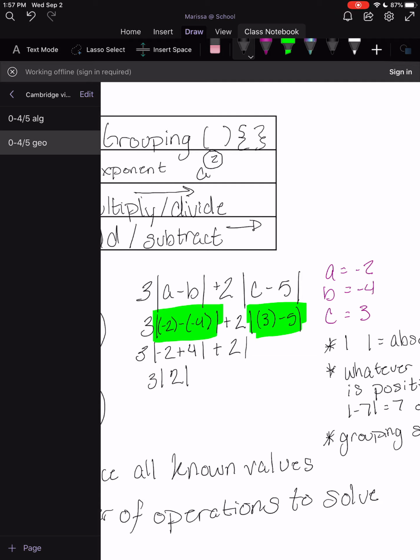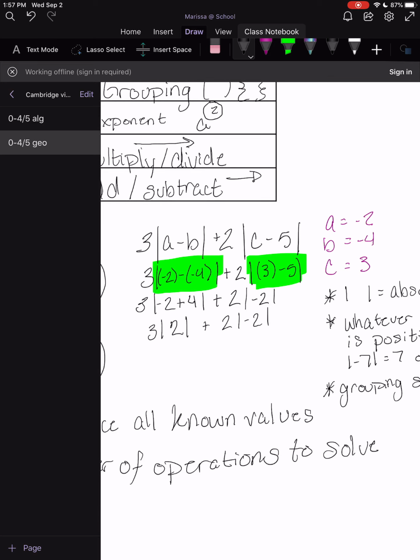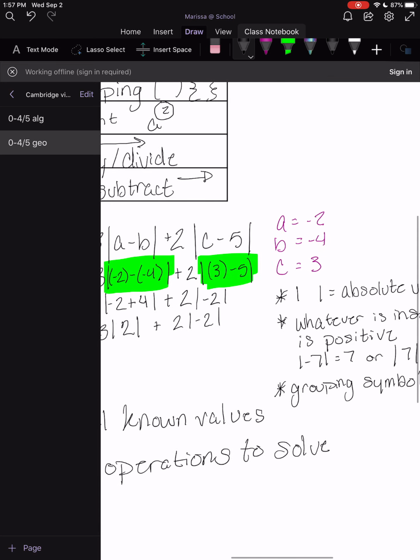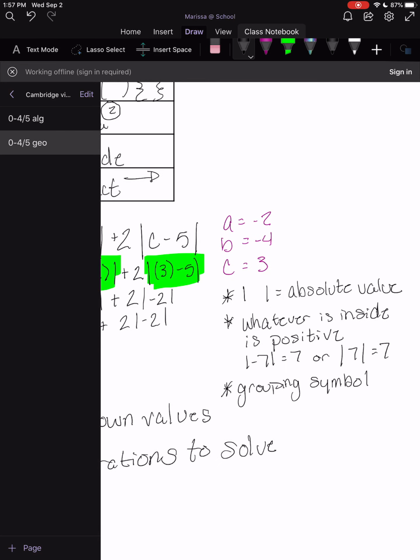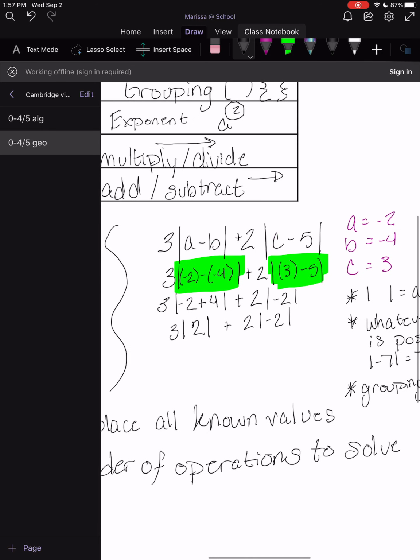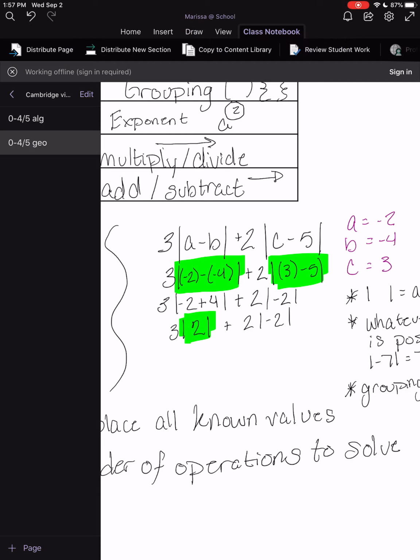So if I'm doing 3 minus 5, you should all be able to tell me that that is -2. So I'm just going to drop everything down so we're all on the same line. Once I'm here, remember that anything inside that absolute value sign is positive. So since this first one is already a positive 2, when I take it out, it's still a positive 2.